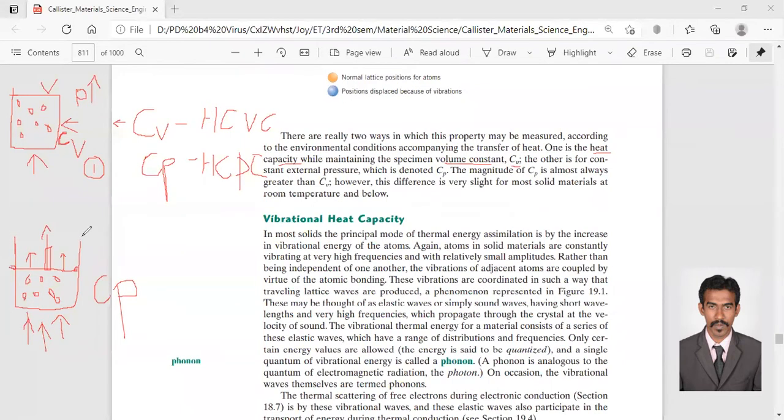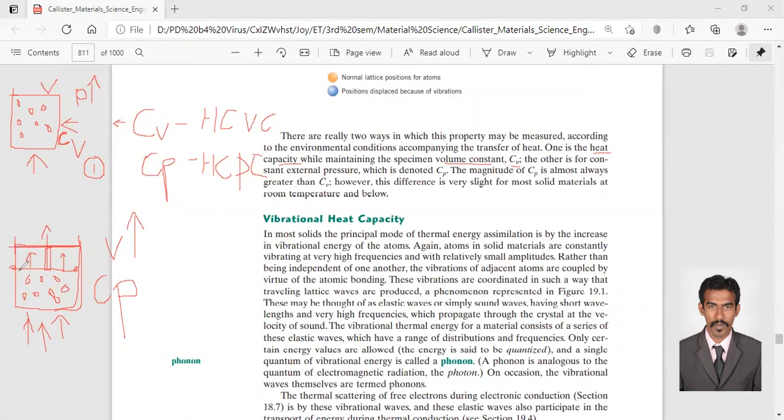So once you provide energy, after all these collisions finish, it moves upward and ends up here. Here you see the initial volume was this much, but the final volume is this much, which means the volume is increased.